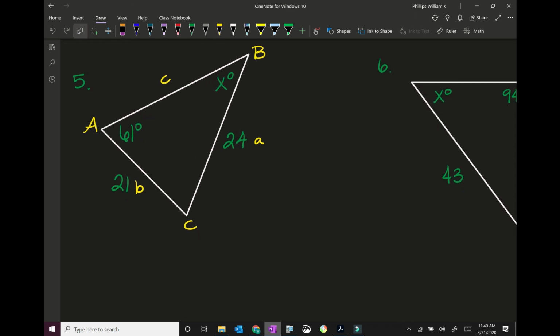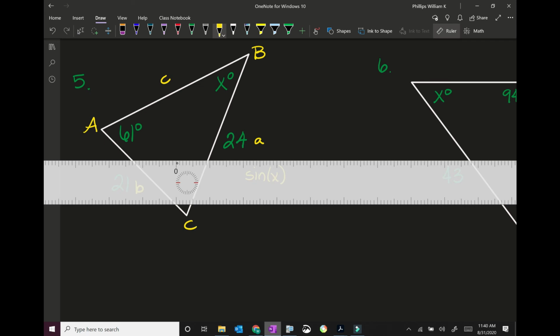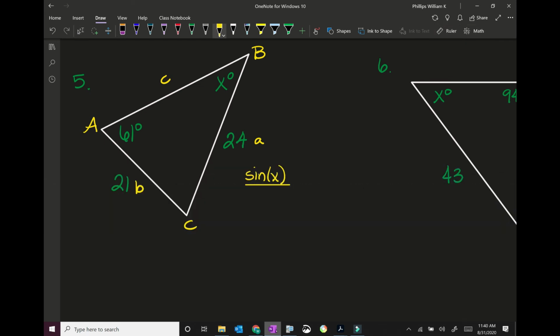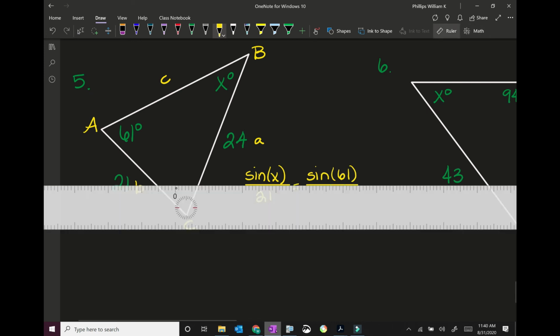So we can say sine of x divided by 21 should equal sine of 61 divided by 24.